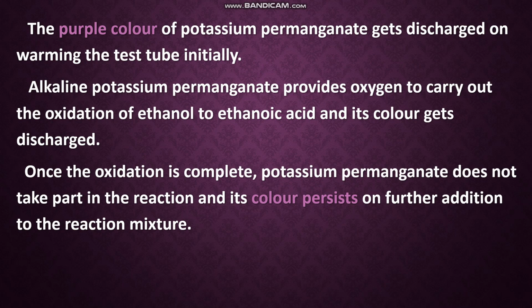Afterwards we can see the color disappears, because potassium permanganate provides oxygen to ethanol for its oxidation to ethanoic acid. Further addition of potassium permanganate once the oxidation is completed does not take part in the reaction. That's the reason its color persists.